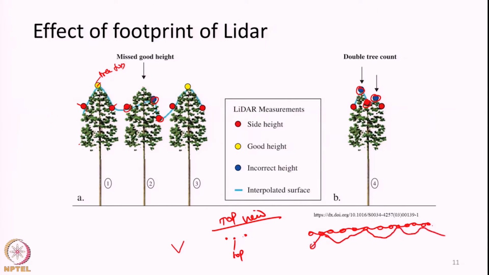Say the interpolated points may be lying here. That is, some of the tree tops we are missing without even collecting the data, which may give us the impression that the canopy structure is highly undulating, with large trees and small trees interspersed among each other. Such a picture we may get.